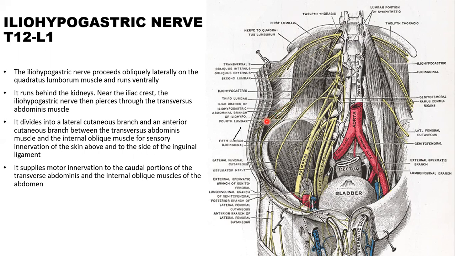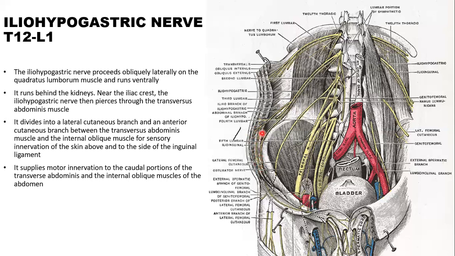Then the nerve fibers will be in between the transversus abdominis muscle and the internal oblique. Okay, so in between those two muscles, the nerve is going to divide into two nerves, basically. The first one is known as the lateral cutaneous nerve, and the other one is going to go on the anterior aspect, and it will be known as the anterior cutaneous nerve.